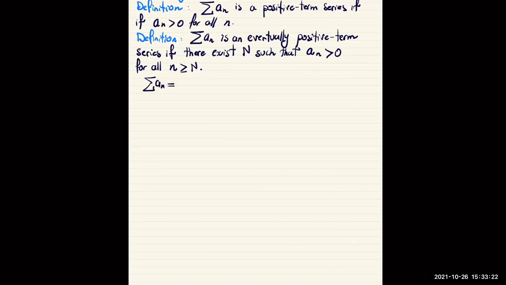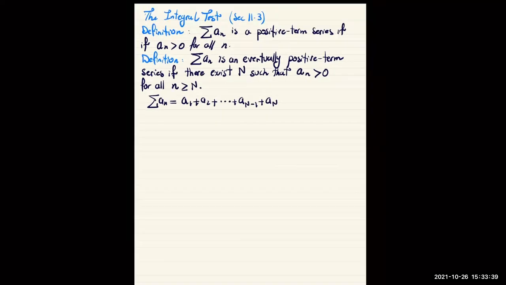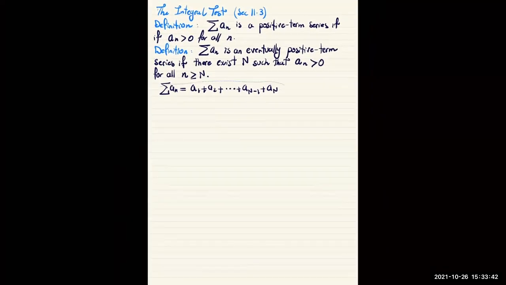Let's say I have a series. We expand this: a1, a2, all the way to a sub capital N. Let's see if I have room. Up to this point, which is a sub capital N minus 1, terms are sometimes positive, sometimes negative.